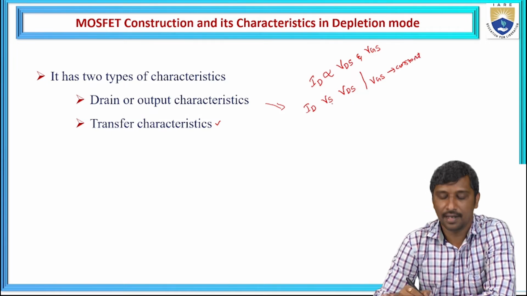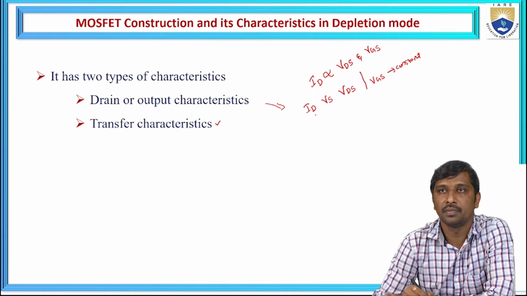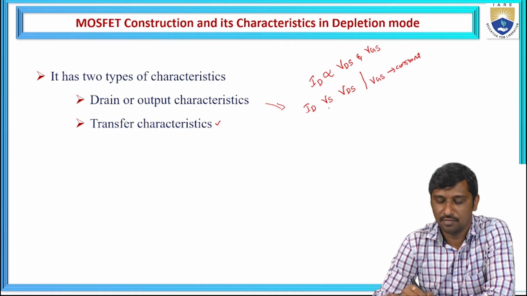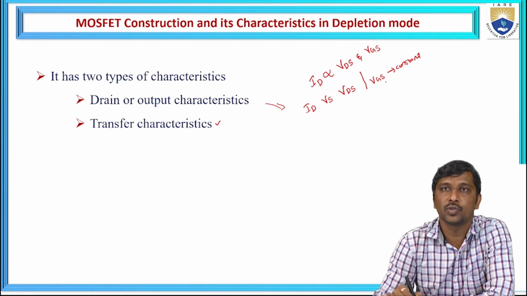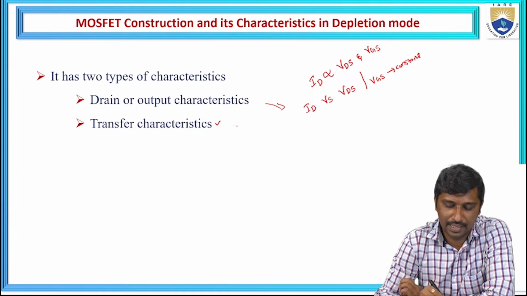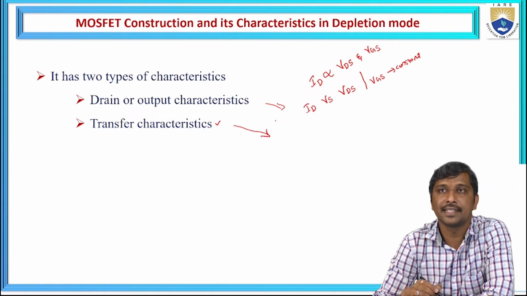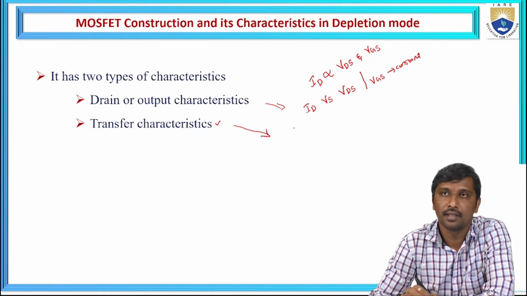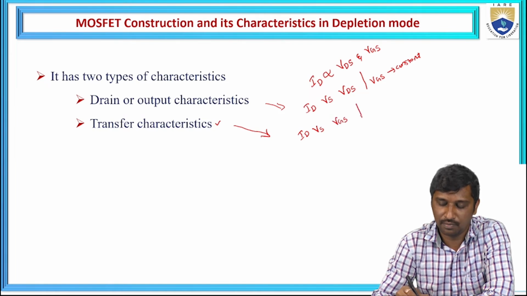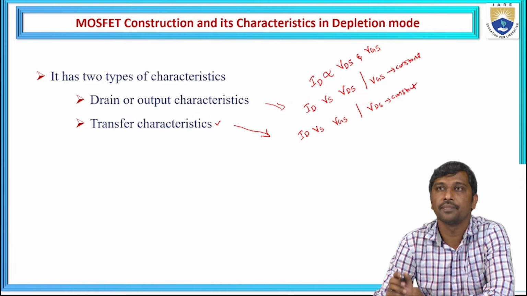We need to plot the characteristics between drain current versus drain to source voltage by keeping the gate to source voltage constant. Similarly, if you want to plot the transfer characteristics, they are drawn between the drain current versus gate to source voltage by keeping the drain to source voltage constant.